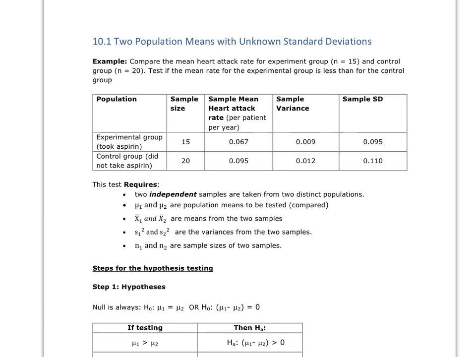So let's look at some data collected from the example, where we're comparing the mean heart attack rate for an experimental group, which has size 15, and a control group, which has size 20.